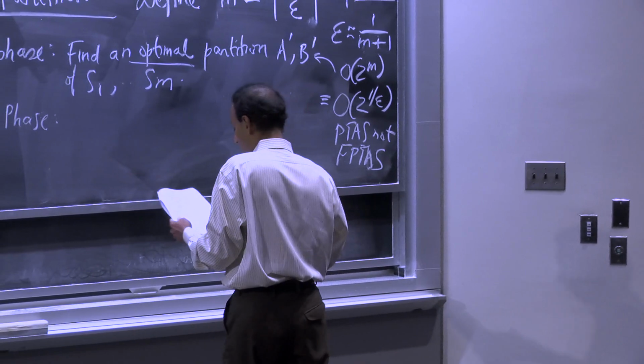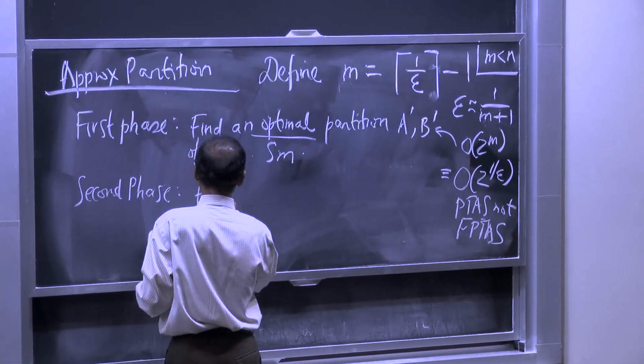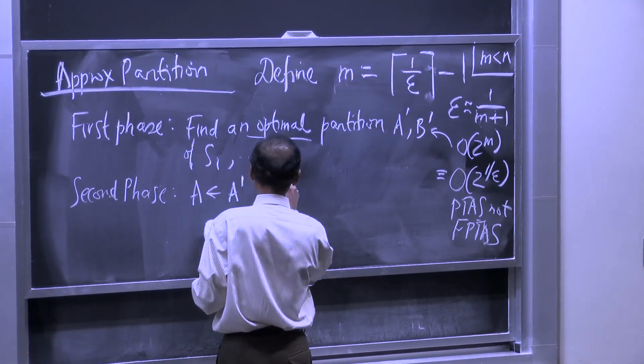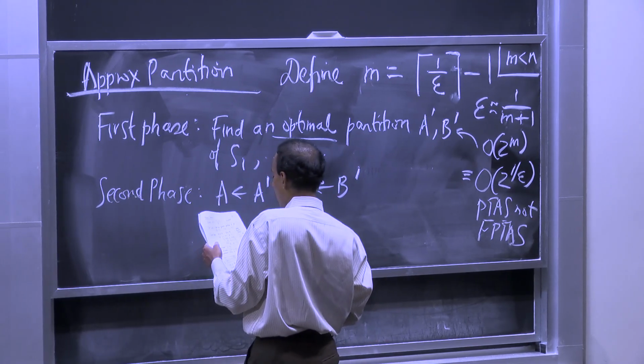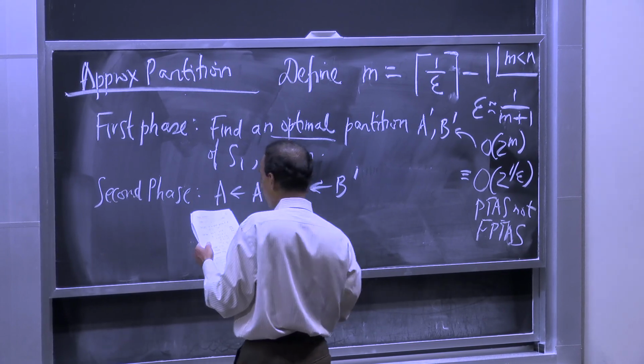Yep. So the second phase is you're going to start with your seed corresponding to A and B. You're going to set them to A prime and B prime.